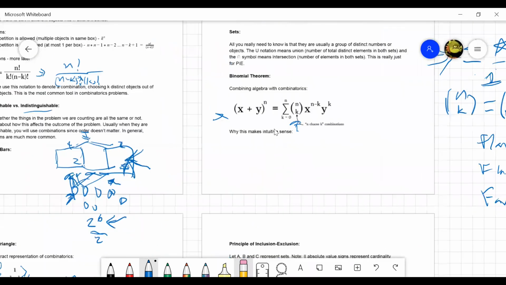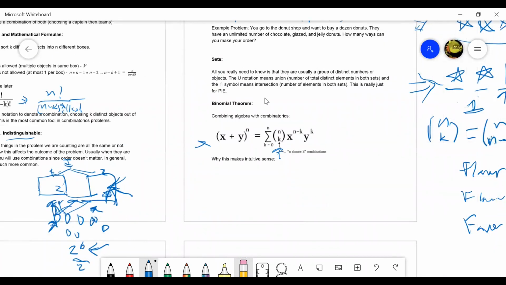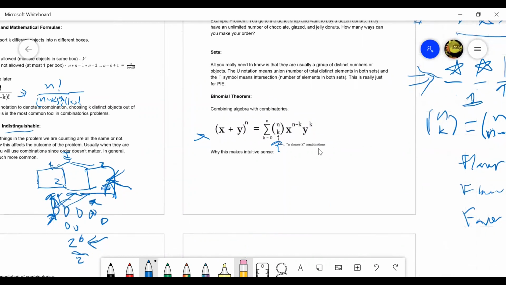All right, and lastly, back to sets. All you really need to know is a little bit of set notation. If you see a U, it means a union, or the total elements in both sets. So if you have a set with elements A and B, and a set with elements A, B, and C, the union of these 2 sets is just A, B, C. And this intersection symbol, the upside down U, gives A, B. Intersection just means any common elements between 2 sets.